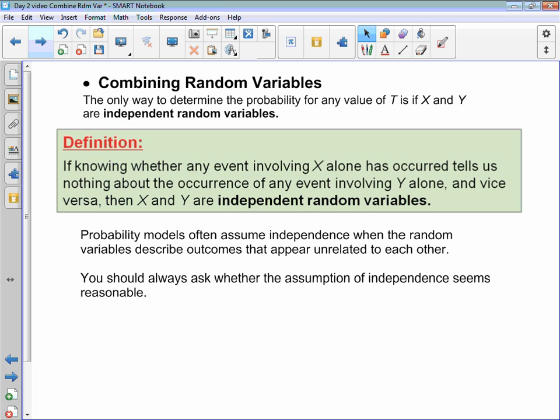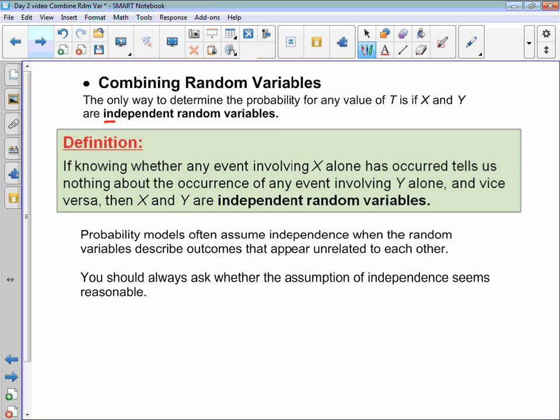The key thing here is we can only do that if x and y are independent random variables. What my betting at blackjack or my betting at roulette cannot affect my wife's betting at blackjack. We can't have communication. One can't affect the other.